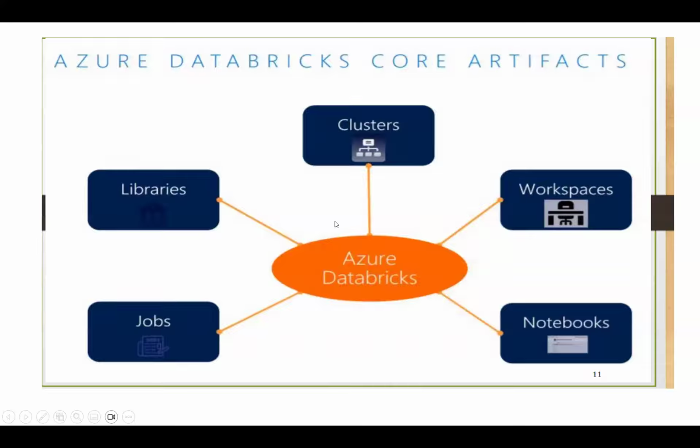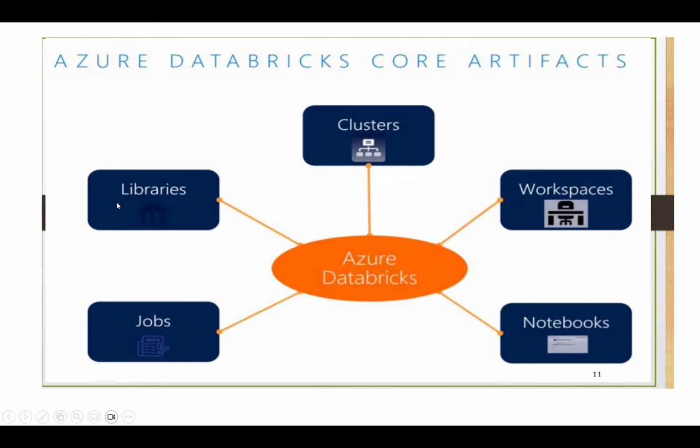And one more thing is the library section. Why do we require this library section? The library section is needed if any of the existing Databricks functionality is not able to achieve some of the goals, or some of the transformations cannot be performed with the existing functionality.